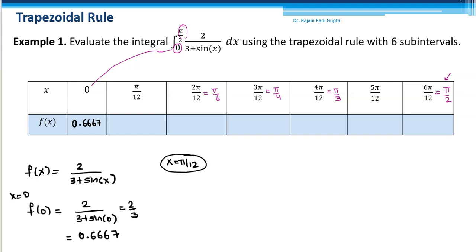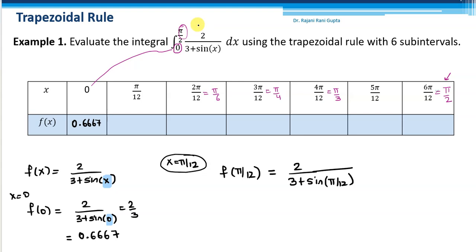Just replace x here. So what we are actually doing, we are replacing this x. We replaced it by 0. Now we are going to replace it by pi by 12. So f of pi by 12 is 2 over 3 plus sine of pi by 12.